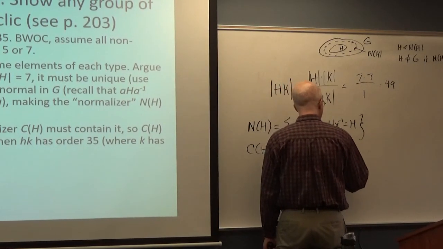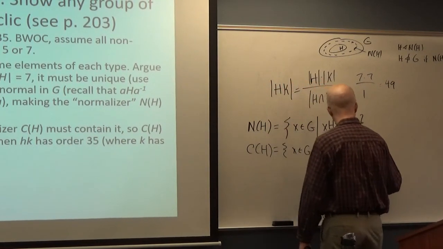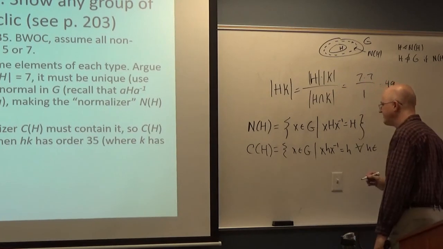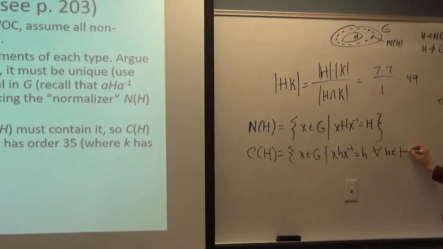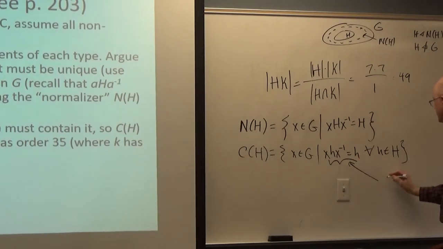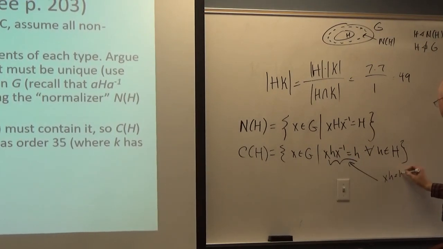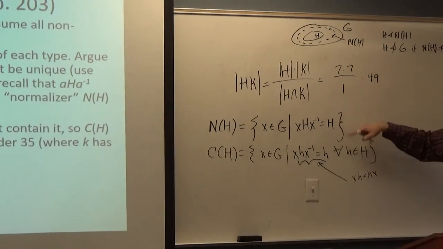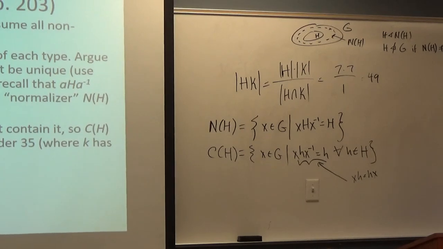Which can actually be written like this. Because this equation here is equivalent to saying xh equals hx. Kind of a similarity between these two things. They're not the same thing, but they have a similar feel here.